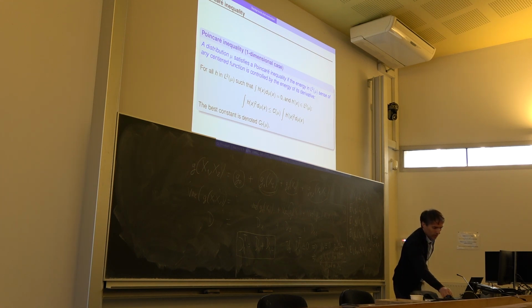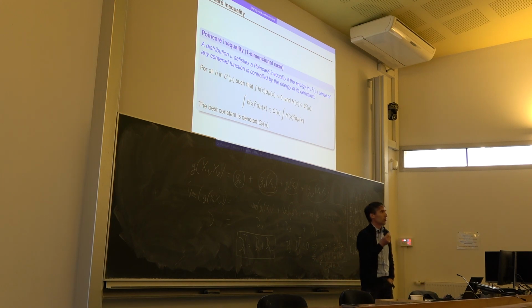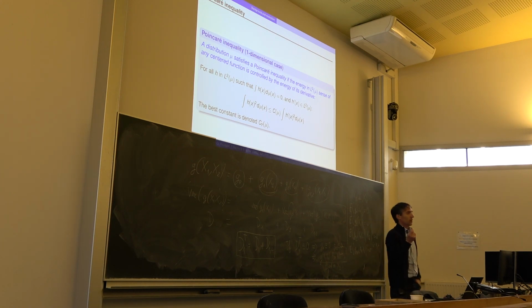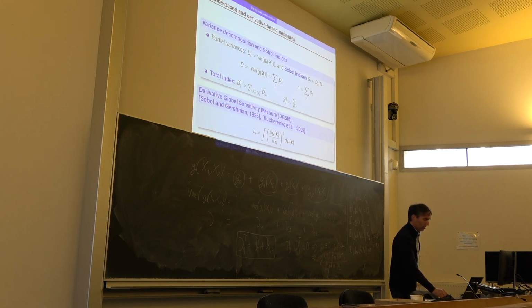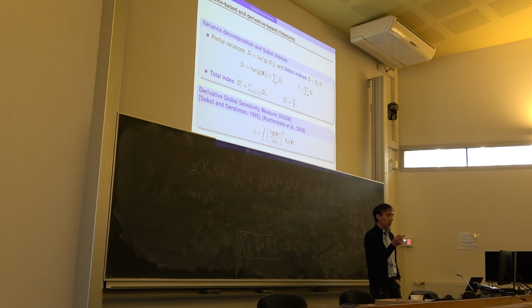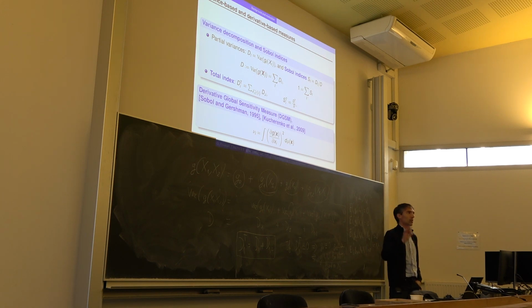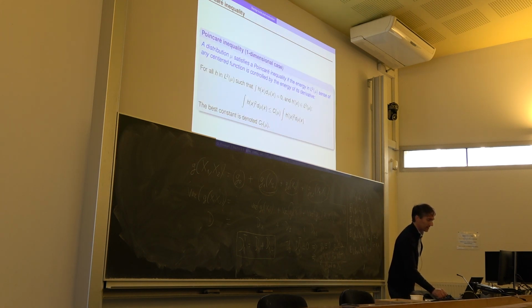So it is natural to introduce this inequality here, because remember, we have introduced the DGSM. The DGSM is the integral of the square of the partial derivative, so it's more or less the right-hand side here.